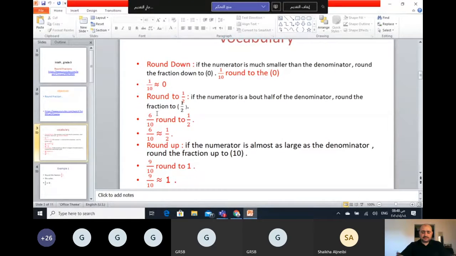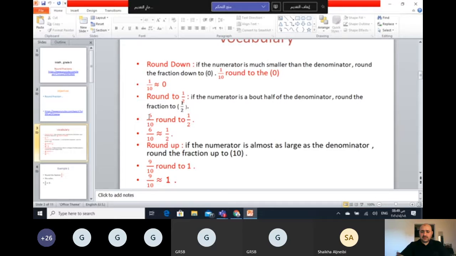I will repeat. The second case, round to the half if the numerator is about half of the denominator. Round the fraction to the half. In this example, the numerator is 6 and the denominator is 10. Half of the denominator is 5. 6 is very close to 5.